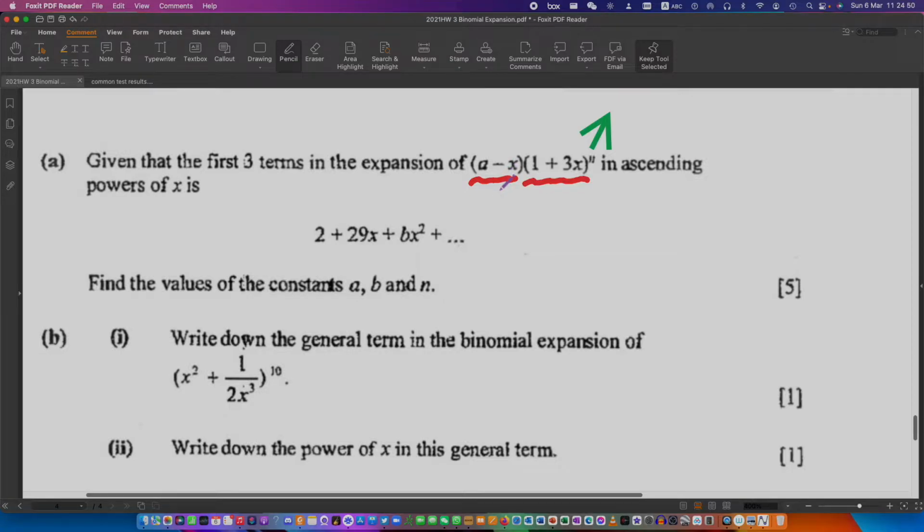Basically they just add an additional layer. That's 5 marks, so that's a lot. If they want the first 3 terms in this expansion, what you need to do is get the first 3 terms for this first. Can you do it now?